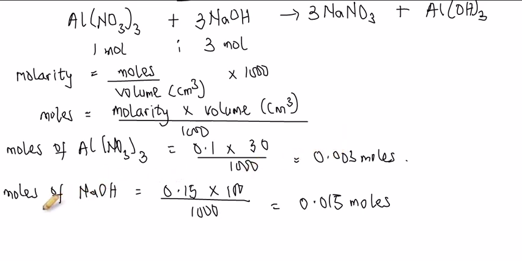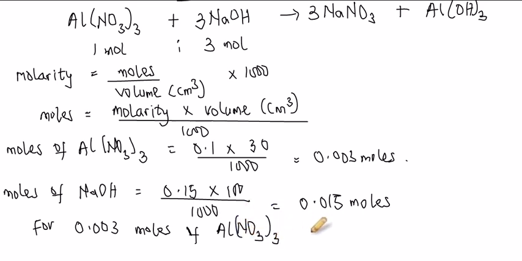For 0.003 moles of aluminum nitrate, X moles of sodium hydroxide will be required.